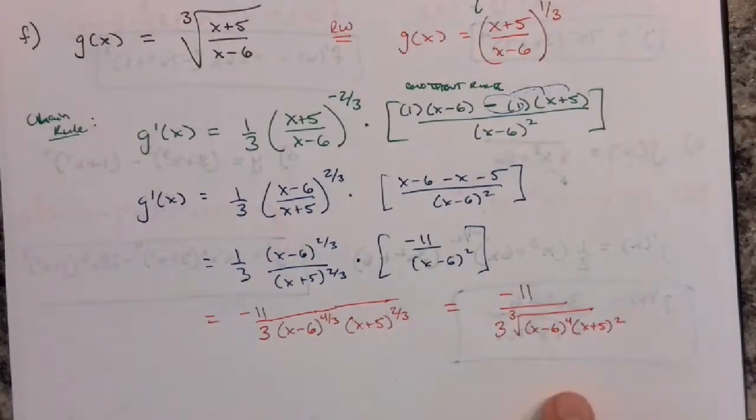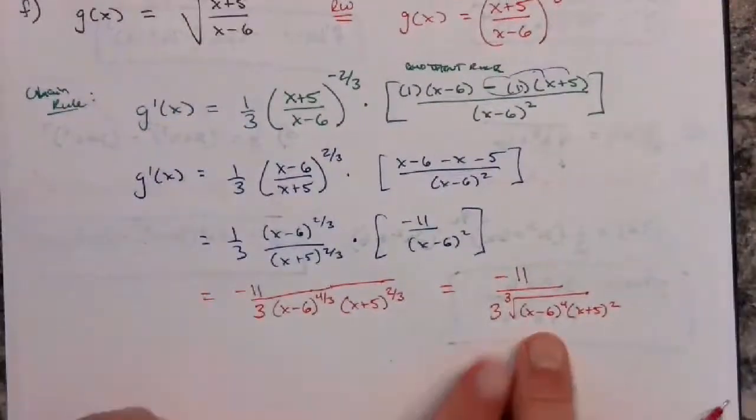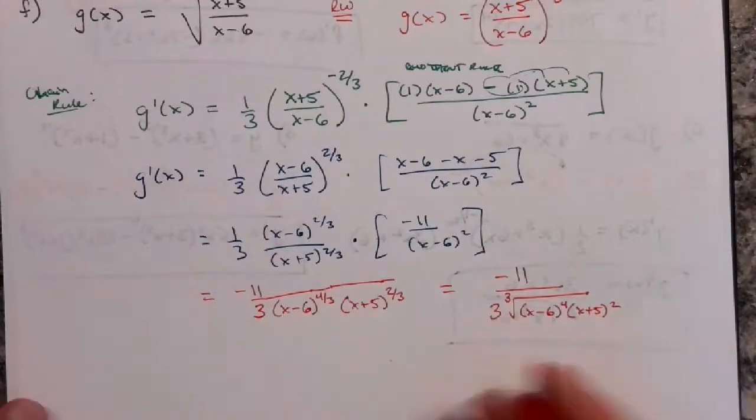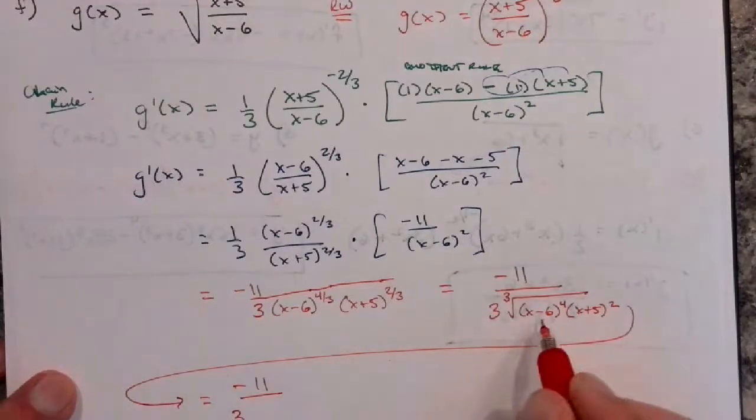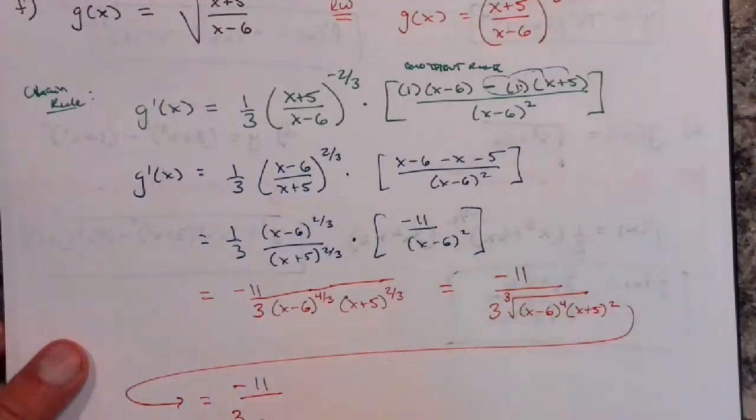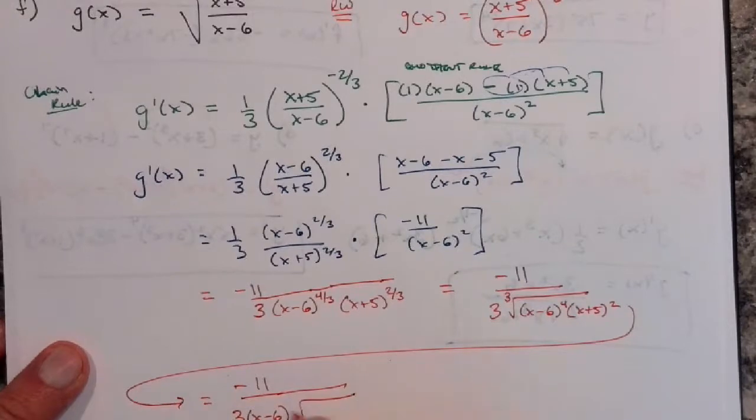And you could even go further than this, because if you have x minus 6 to the 4th and this is the third root, really what this equals is negative 11 over 3, and then x minus 6 to the 4th, taking the third root. Well, 3 of them would give me an x minus 6 factor in front, and then you would have the cube root of just x minus 6 times x plus 5 squared in here.